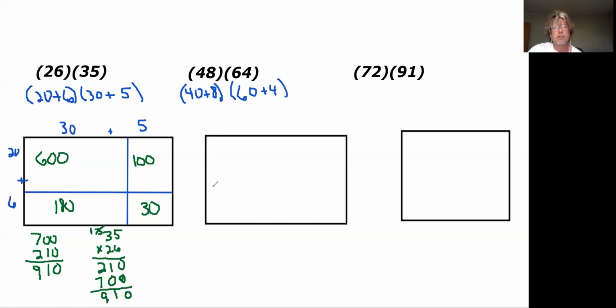So instead of making this side 48 and this side 64, I'm going to partition it off a little bit. I'm going to call this side 40 and an 8. That's going to make the 48. So the 40 plus the 8. And the 64 is going to be the 60 and the 4, the 60 plus the 4.